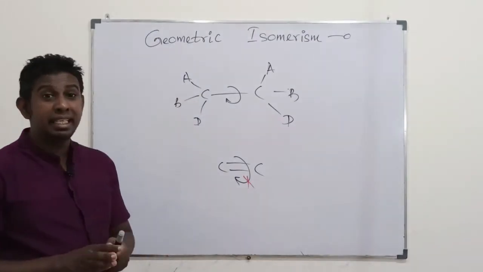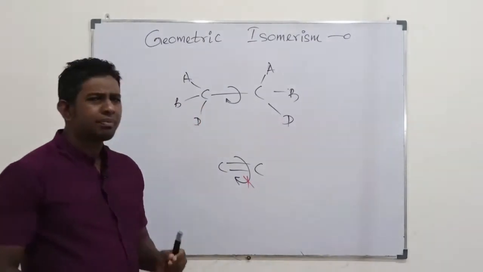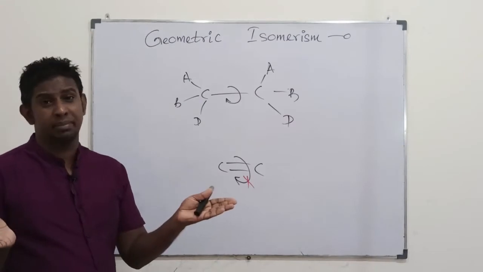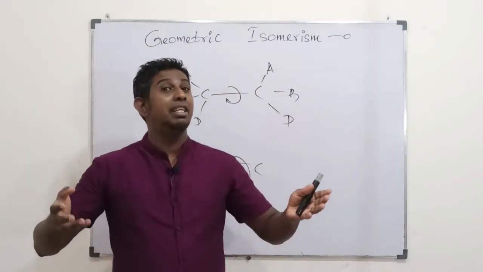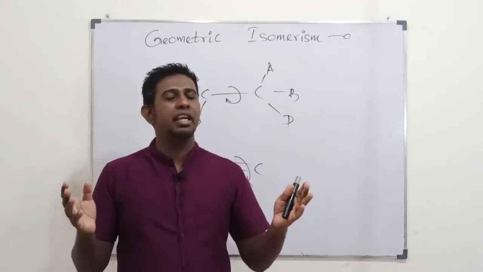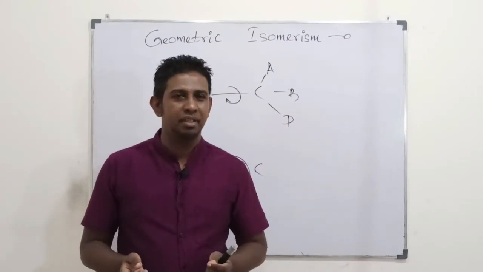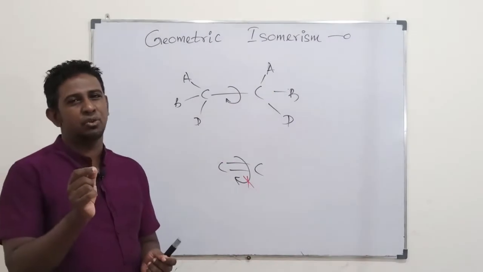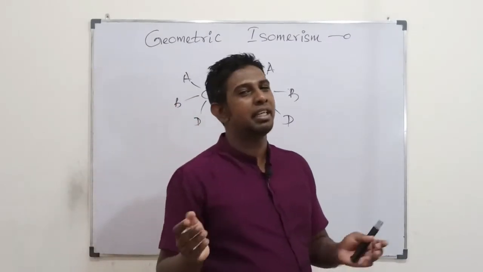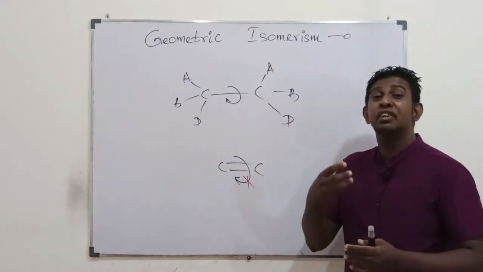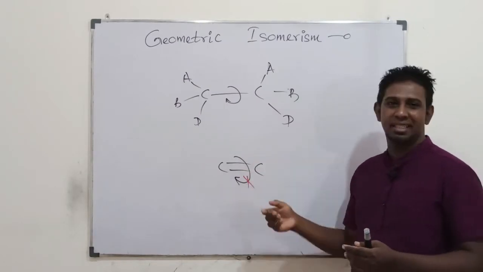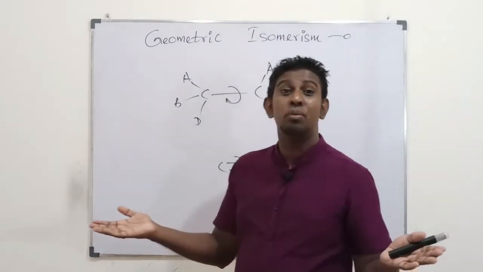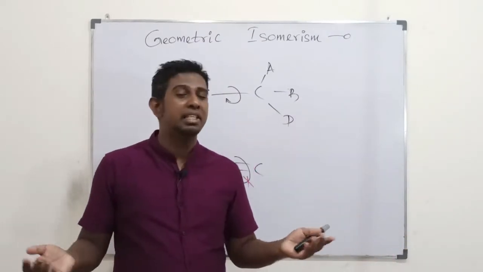So that's our first requirement to talk about this kind of isomerism: you need to have a carbon-carbon double bond hindering the free rotation around that bond axis. With a single bond, it's normal that you could talk about a rotation.